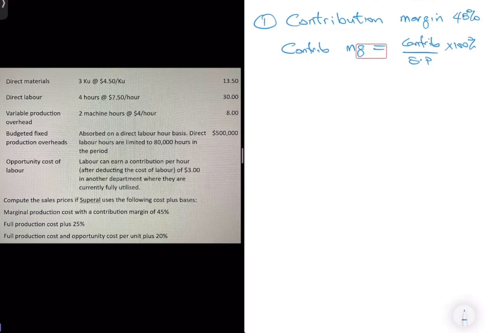So all we need to do is to determine what our selling price should be if we are going to achieve that 45% contribution margin. So 0.45, which is our contribution margin, equals contribution over the selling price that we want. In that case, our contribution equals 0.45 times selling price.